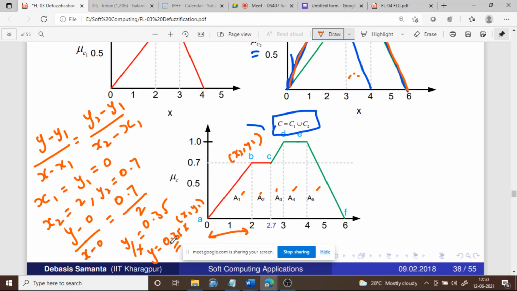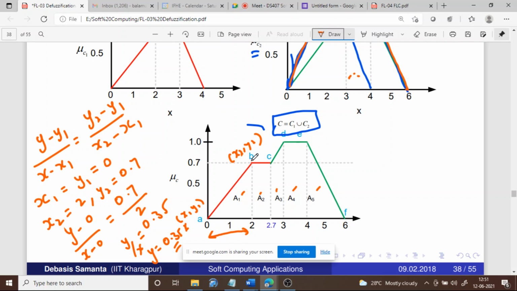That is how we got this. So this is the area under this particular line. Similarly, you find the area of this portion BC.